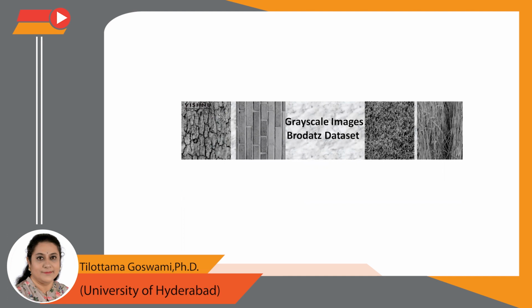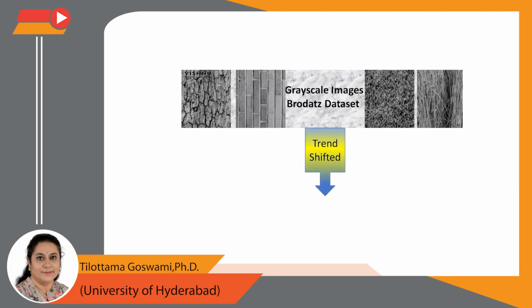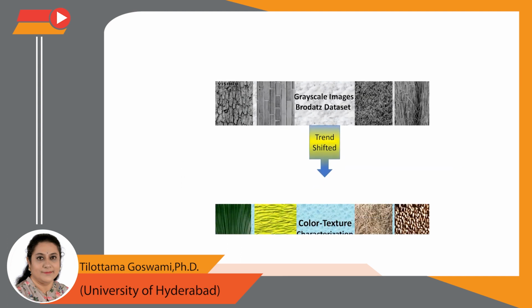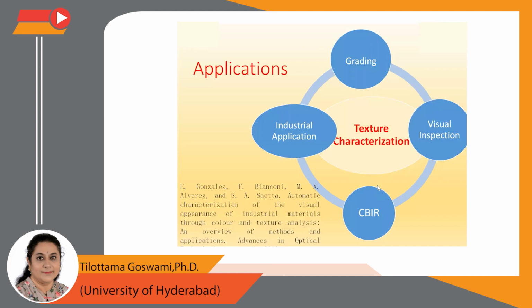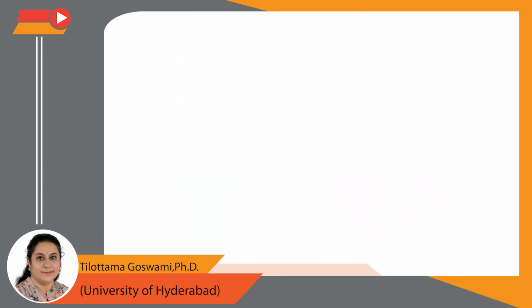One is the grayscale image texture data set, but the trend has shifted to color based texture, color texture characterization, the Vistex dataset. The applications for color texture analysis can be found in industrial applications for grading the products, for visual inspection and CBIR. So this is all about the texture.